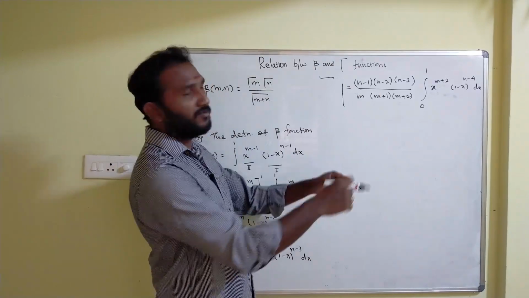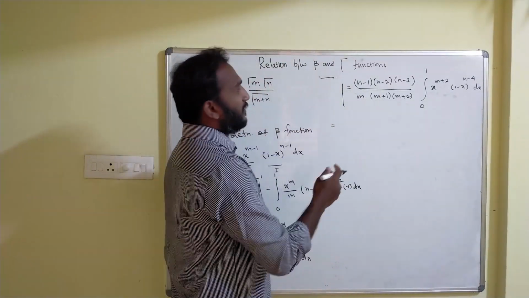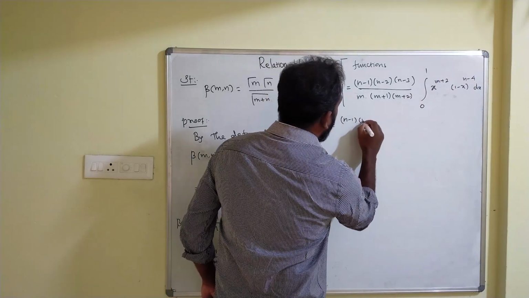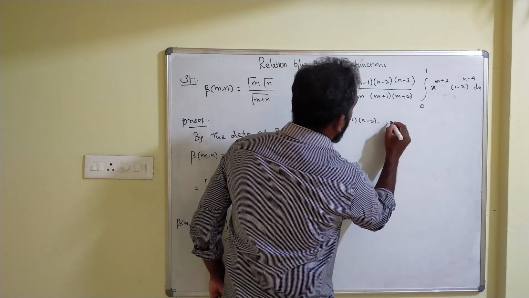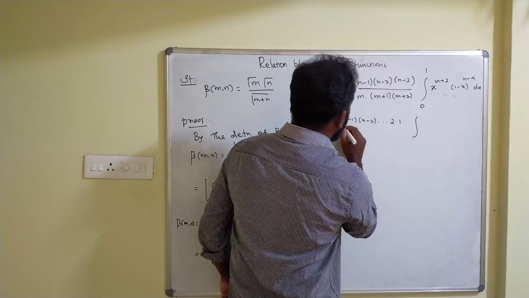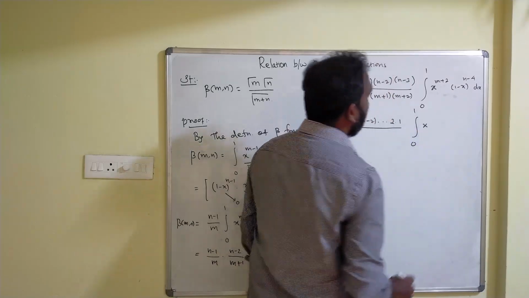And if you continue the same process, finally you will get to a certain stage, while n is equal to infinity. So here you will get n minus 1, n minus 2 up to 2 into 1, integral. We will write the denominator value later, that is 0 to 1 x power.